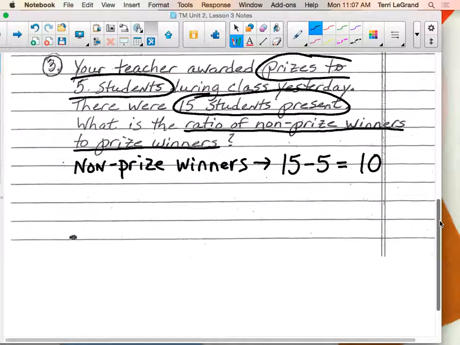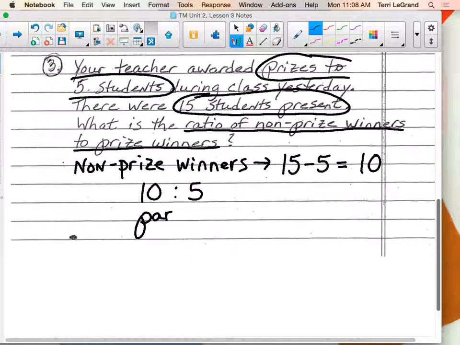So what should our ratio look like? 10 to 5, and we're using the colon to show the word to. 10 to 5. Non-prize to prize winners. Okay, is this a part to part or a part to whole relationship? It's a part to part.